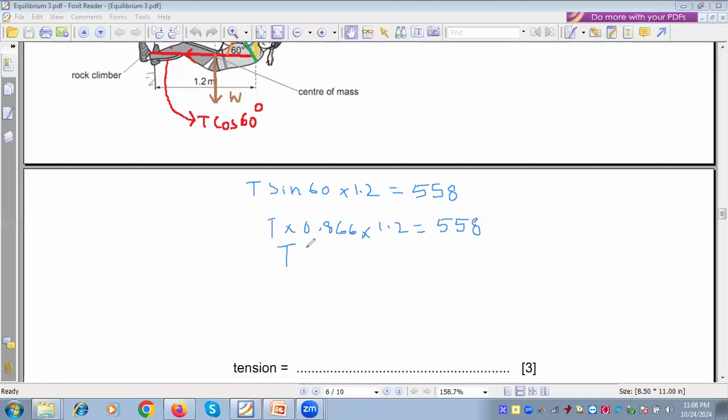T into 1.04 equals 558. So what is T? T will be 558 over 1.04.